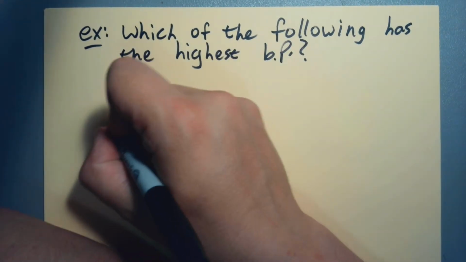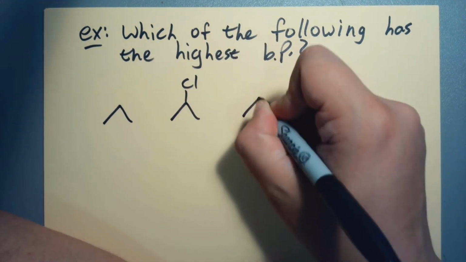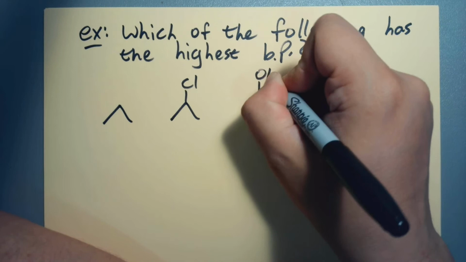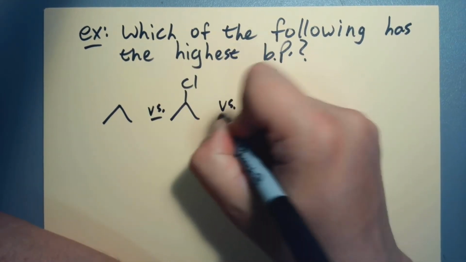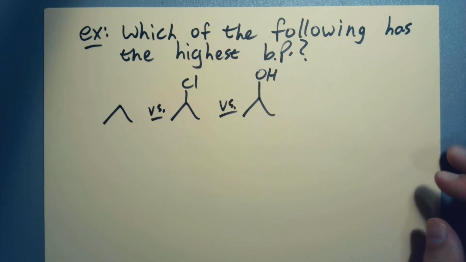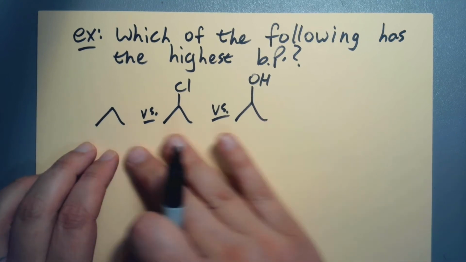And, you know, we'll go boom, boom, boom, boom, boom. Give you 3 options here. You know, which of those has the highest boiling point? Well, what am I asking here? I'm dressing this question up, but it's a question I've asked before, not necessarily with these 3 molecules.